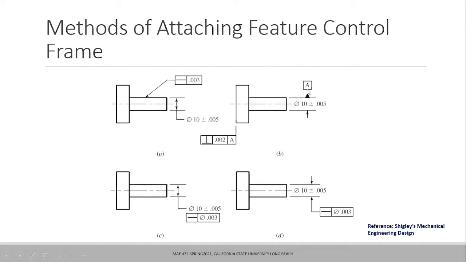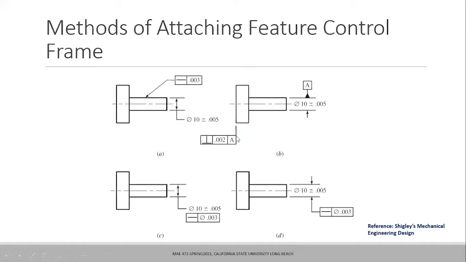Going to the next view, the same part, same dimensions, 10 plus minus 0.005. Now A is the datum attached to the dimension line. It basically means the datum here is the axis of this pin. The theoretical datum is basically the axis, and that is referenced by A. Now I'm looking at this feature frame.